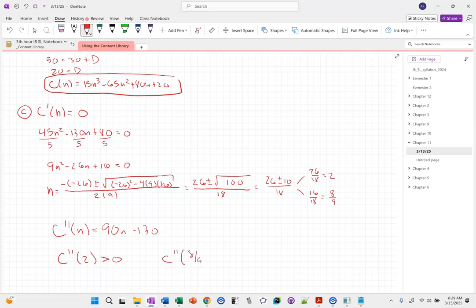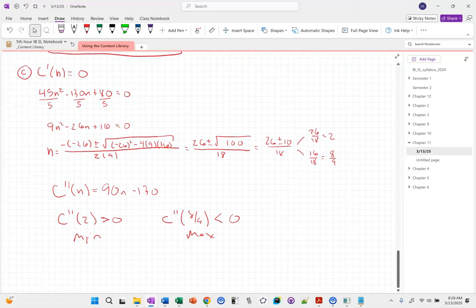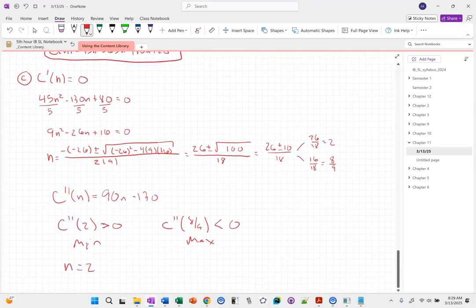C double prime of 8/9 is going to be less than 0. So this one is corresponding to my minimum. This one corresponds to my maximum. So n equals 2 is my minimum. That means like 2,000 sunglasses.